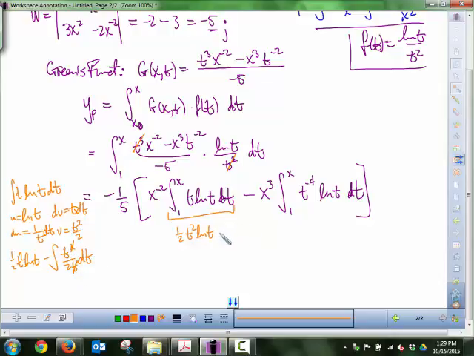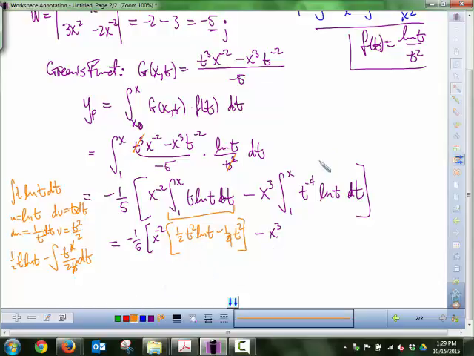So I think that's going to give me a negative 1/4 t squared. So that's the first integral.